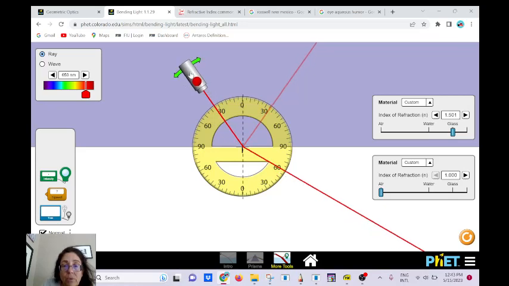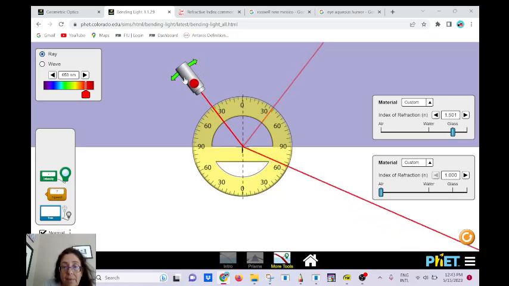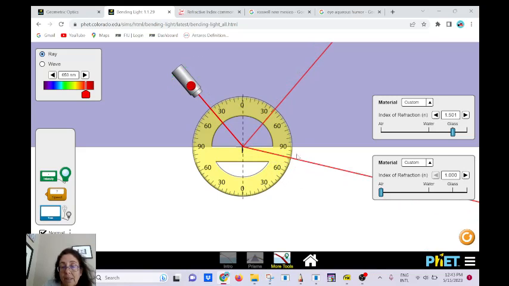So I get to 35. I am at 60 here. I am at 40. See, it gets closer to 90. So what's going to happen then? And then, boom, it disappears. So 40, then I get to 41, poof, it disappears. So at 41 degrees, I'm going to have 90 degrees.